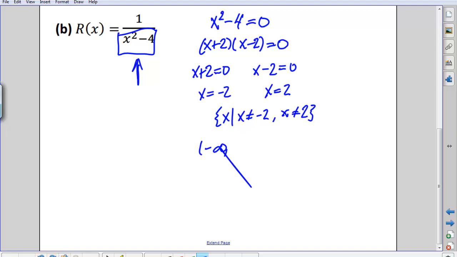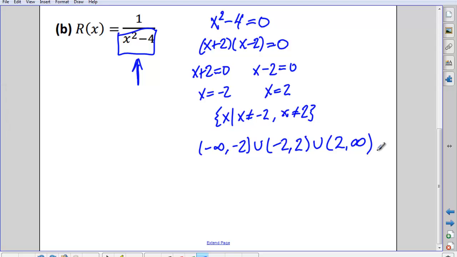This gets a little bit cumbersome with the interval notation here, but we'll put it up here anyway. Negative infinity to negative 2, and then from negative 2 to positive 2, and then from 2 to infinity. Basically just breaking that up, putting a little gap in there at each x value that's not included. So again, either of these will work for your answer.